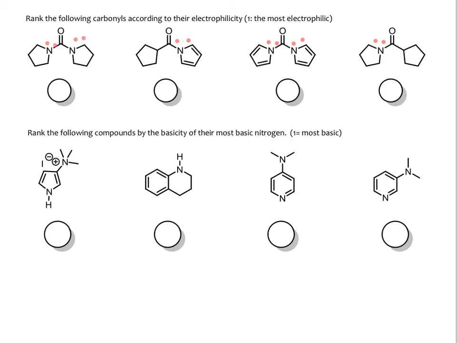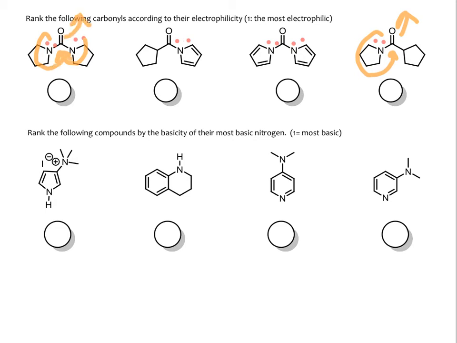Remember, electrophilicity has to do with how much partial positive character a carbonyl has. In order for something to have less partial positive character, electrons have to be donated into the carbonyl from a heteroatom. What's tricky about this question is that we can draw the simple donation of electrons into this carbonyl, and we can draw it twice for these amines.